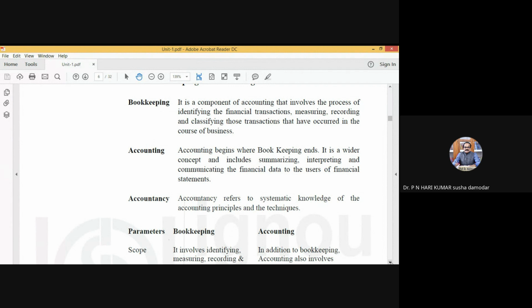So accountancy involves bookkeeping and accounting. Accountancy has two elements, bookkeeping and accounting. So there is a possible question, distinguish between bookkeeping, accounting, and accountancy. What is the difference between accounting and accountancy? This is an expected question for your examination.